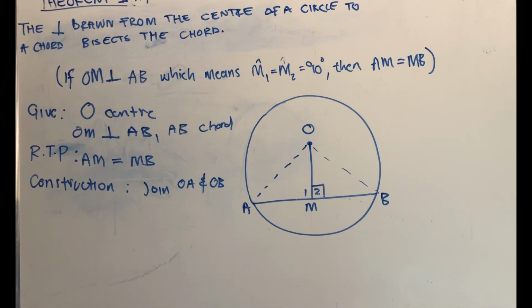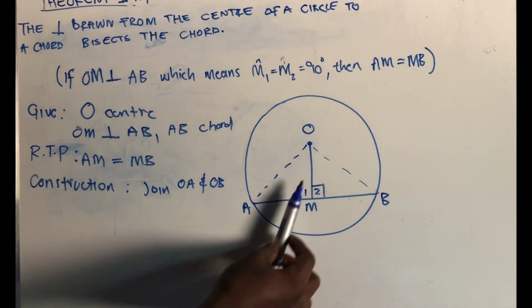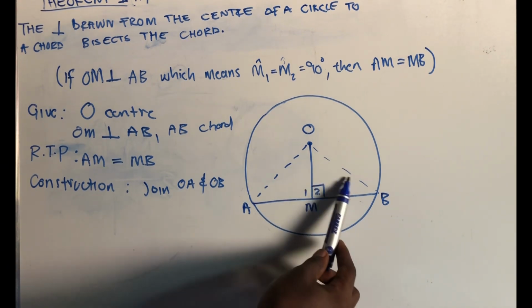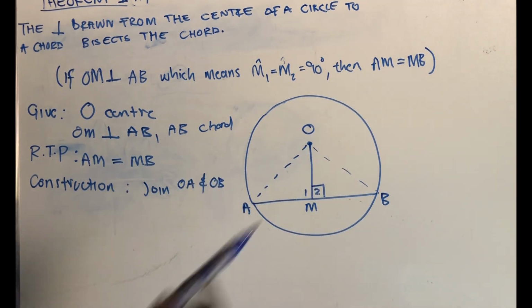So we will use congruency. We'll have to prove at least three things: that maybe two angles on this triangle equal two angles on that other triangle, and a side. So those are three conditions. We need three conditions in order for us to prove this theorem.